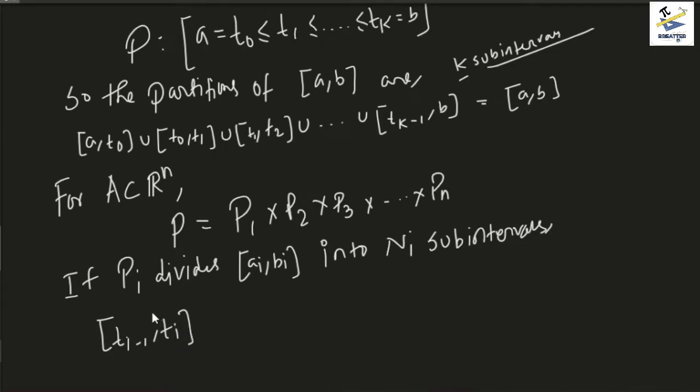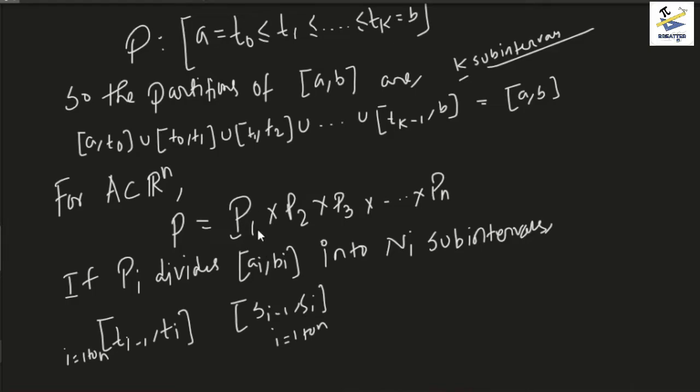Let these be the subintervals, for i equals 1 to n, for P1. Similarly, if s is another variable, we can write s(i-1) to si for i equals 1 to n. This is for P2 and so on and so forth.